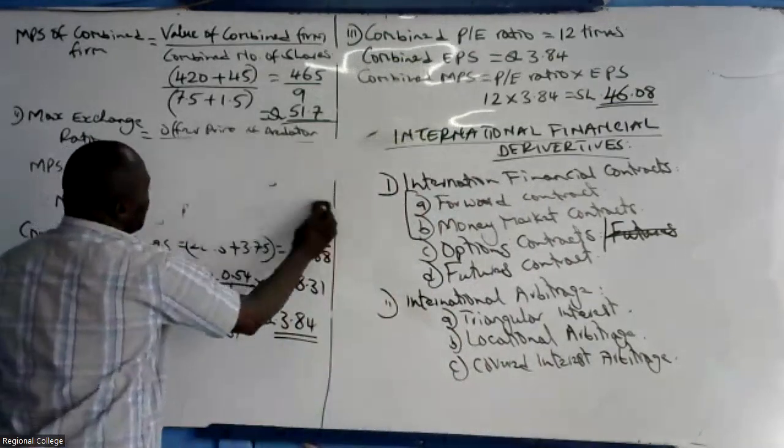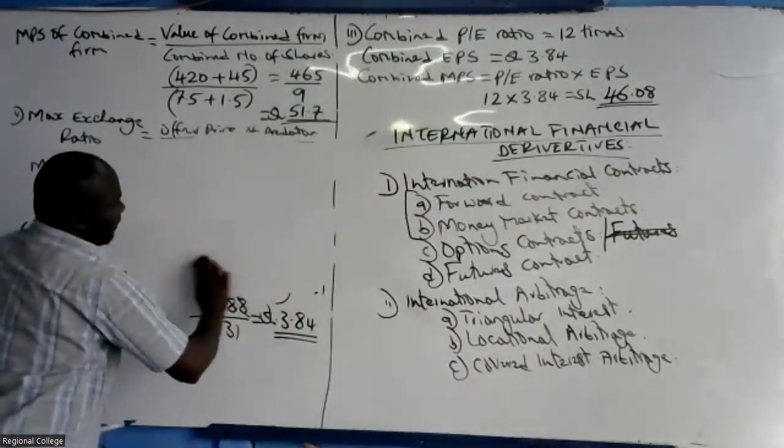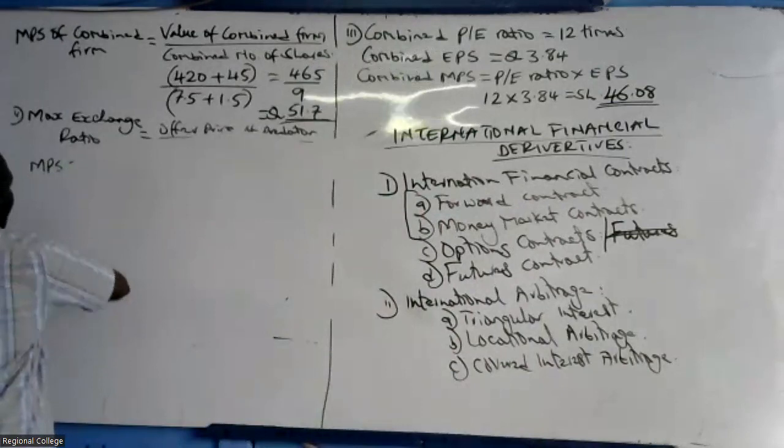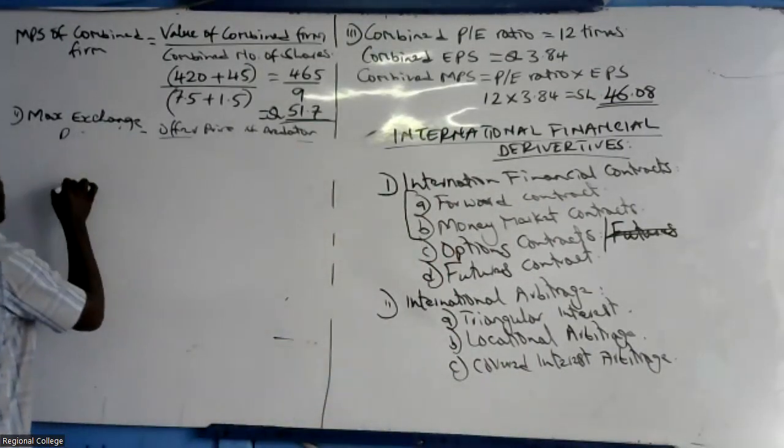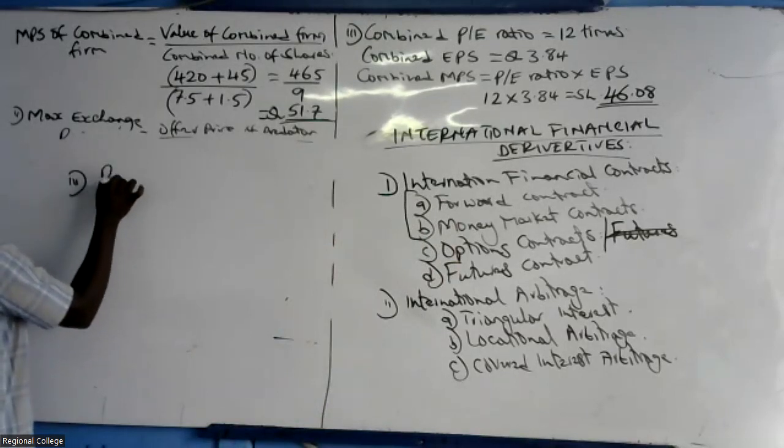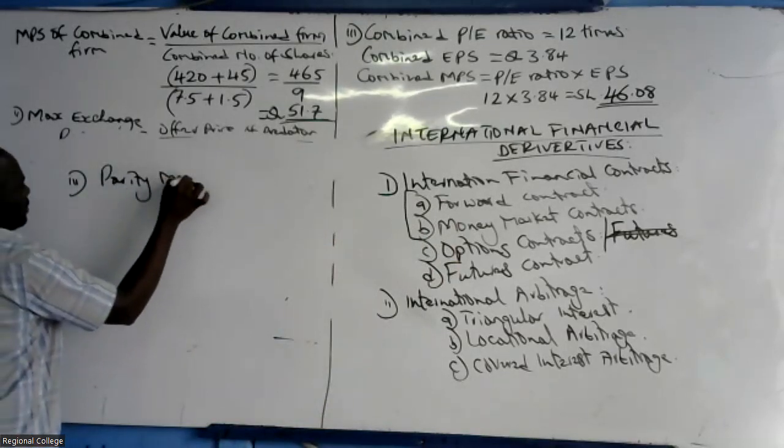And the last one, number 3, is the parity measures.